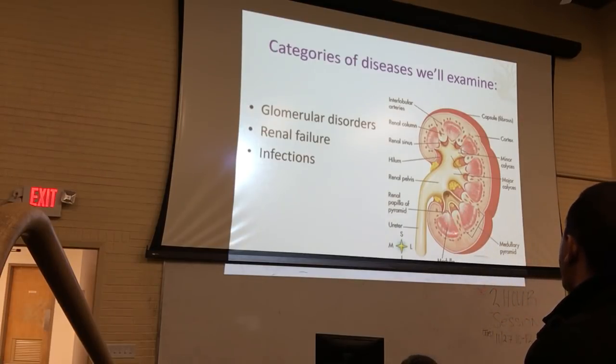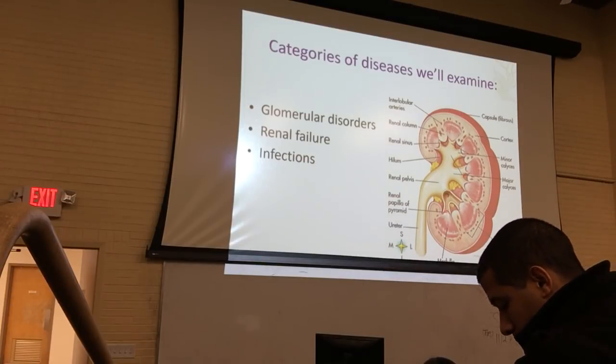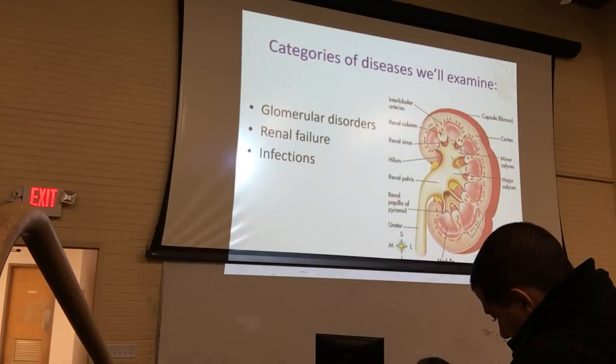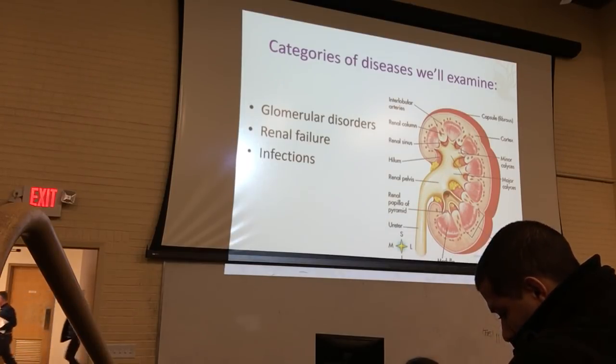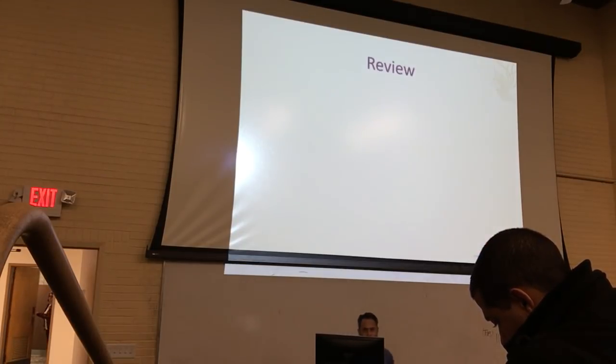These medullas are organized into pyramids. The pyramids dump into the minor and major calyces, and then you have the renal pelvis, and then it filters into the ureter down to the bladder. Then from the bladder out the urethra into the external environment.